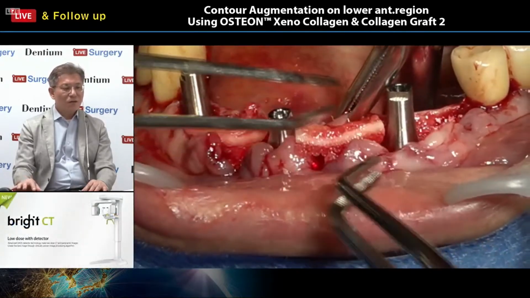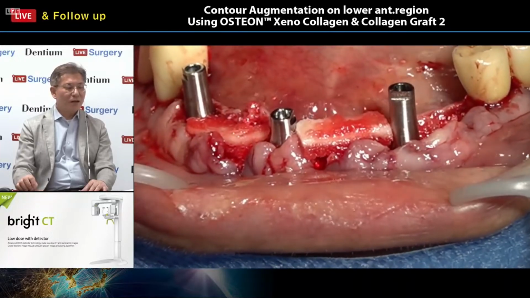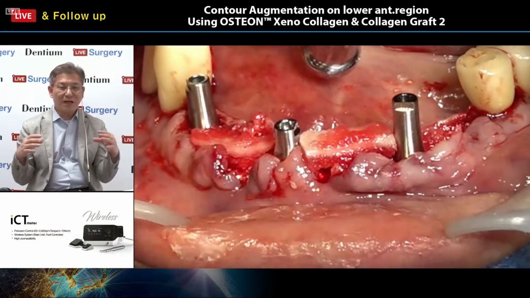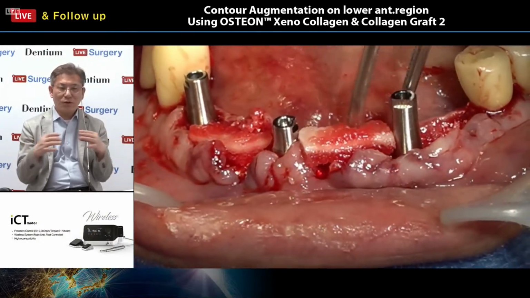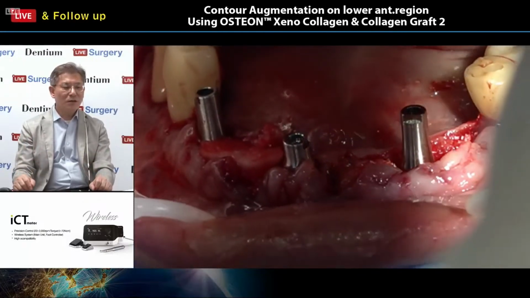So there is no displacement of this labial gingiva. It means the keratinized zone is preserved in its original position, with no displacement anymore.